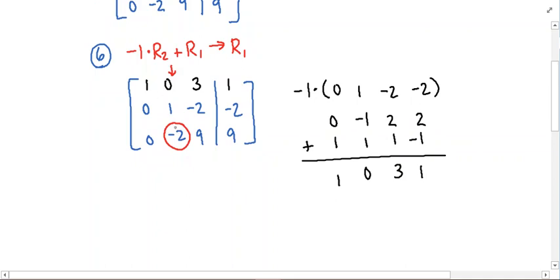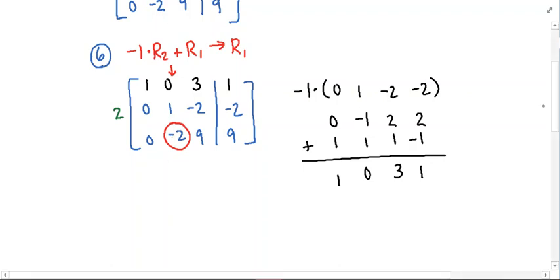If we want to cancel a -2, we need +2 to cancel the -2. Again, since we are in the second column, we need to multiply the second row by something. So we're going to multiply by +2 to cancel the -2. 2 times 1 will put a 2 here. You add it back to -2, you will get your 0.